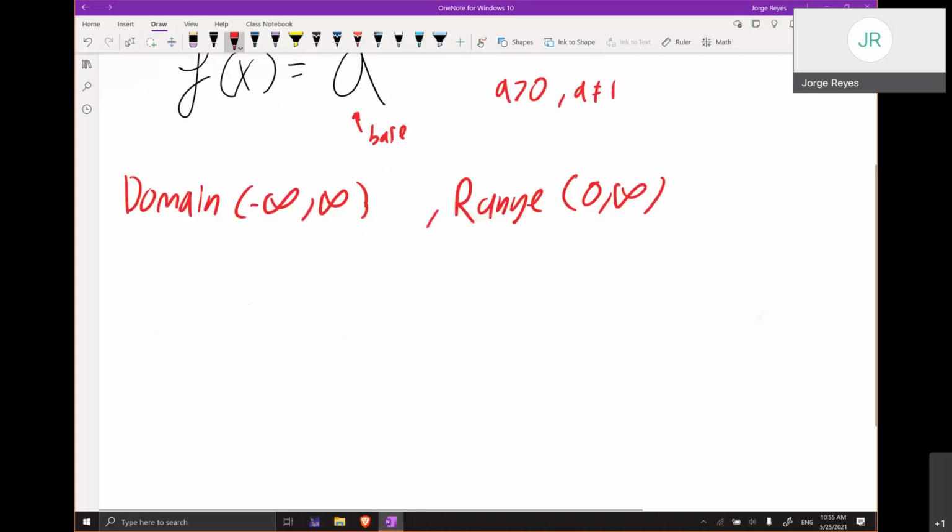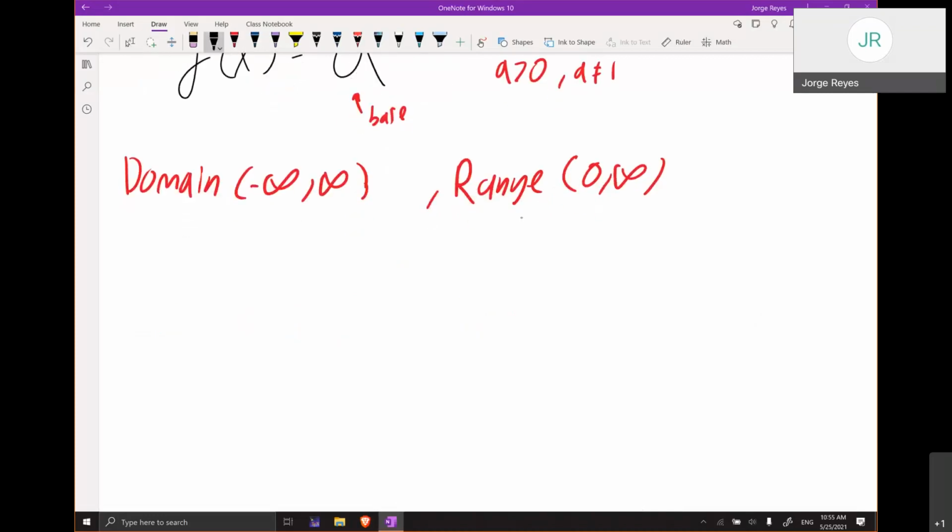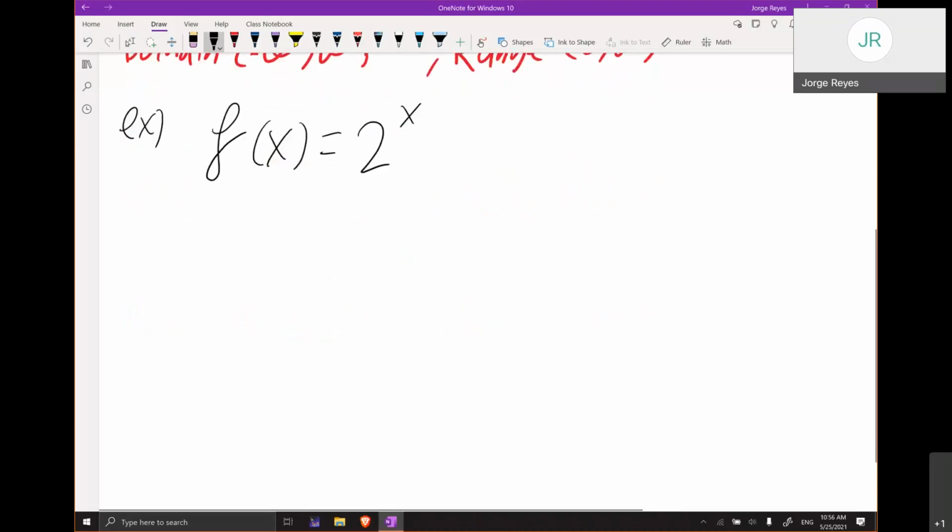All right, so let me start with a graph. For example, I'm going to have this function, 2 to the x. And I'm just going to plug in some stuff. First of all, I want to find its y-intercept, which is 1.